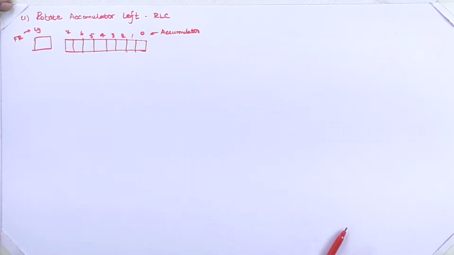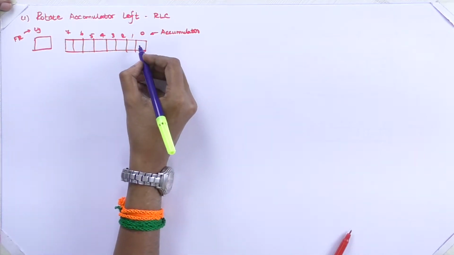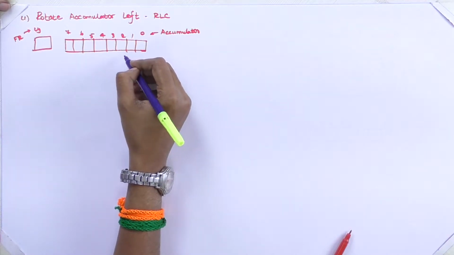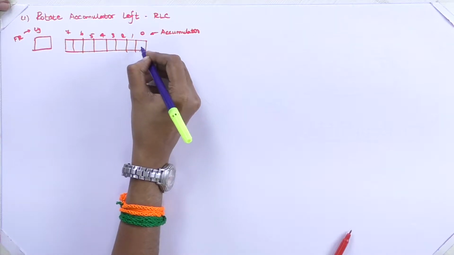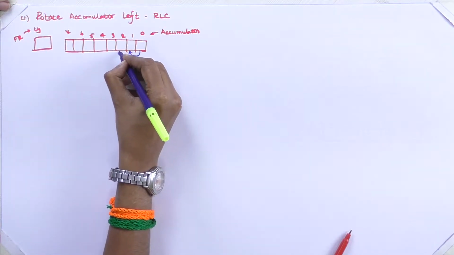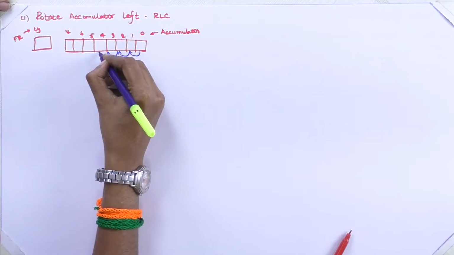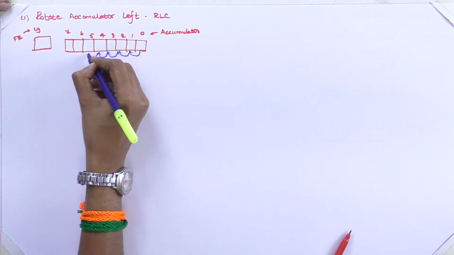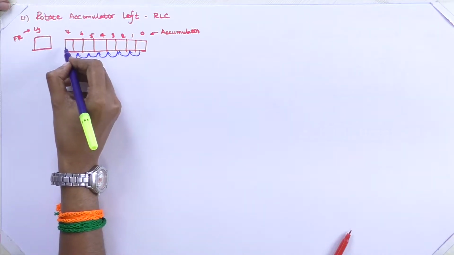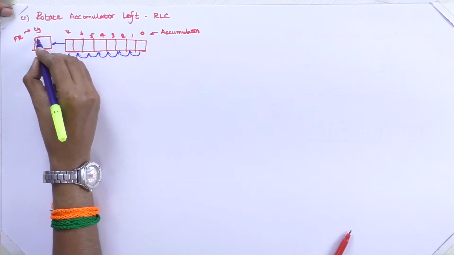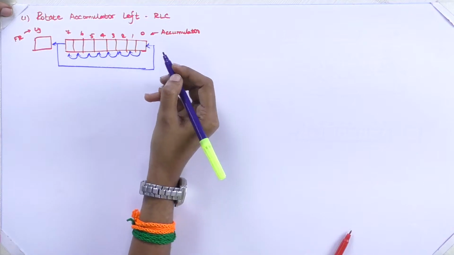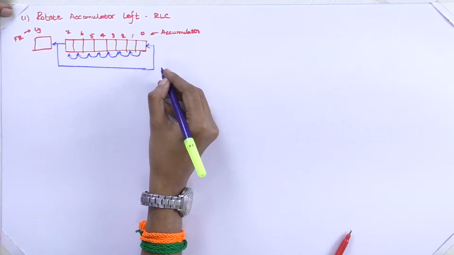The value in the accumulator register will be shifted towards the left bit by bit, which means the value in bit number 0 will be rotated to 1, 1 to 2, 2 to 3, 3 to 4, 4 to 5, 5 to 6, 6 to 7. Then the 7th bit value will be transferred to the carry as well as to the 0th bit of the accumulator register. Let us see this with an example.